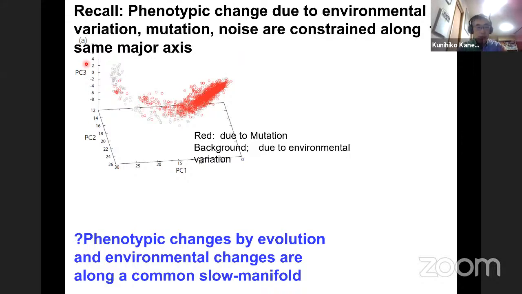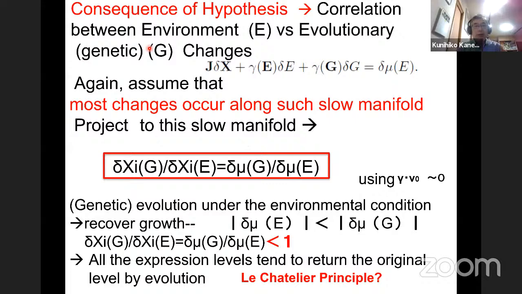That means that instead of the previous argument with delta xi e and delta xi e prime, we can consider delta xi e and also delta xi g. G is a genetic change, or mutation, an evolutionary change, which also follows the same change across many, many components, delta mu, and this is given by just the growth rate change.